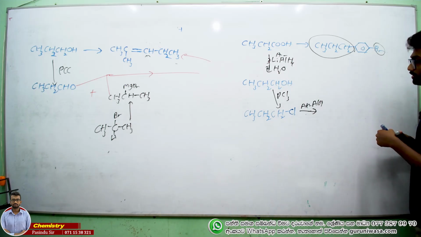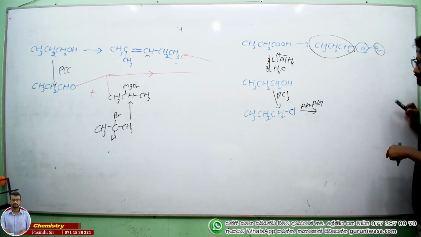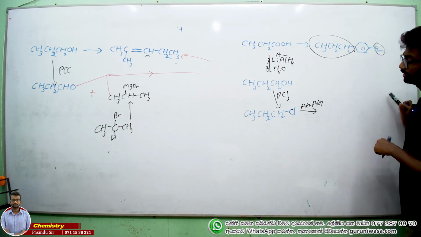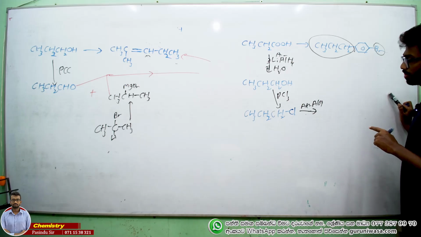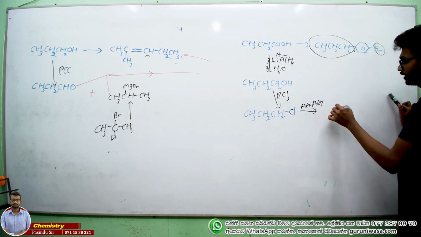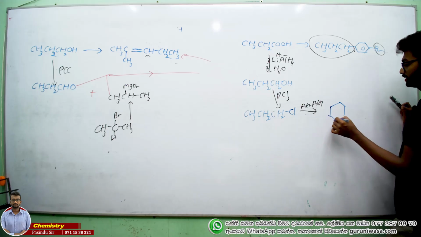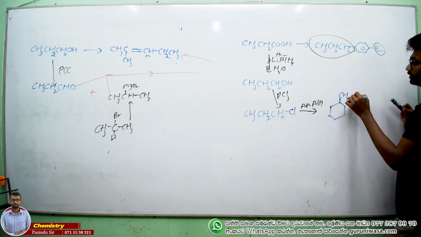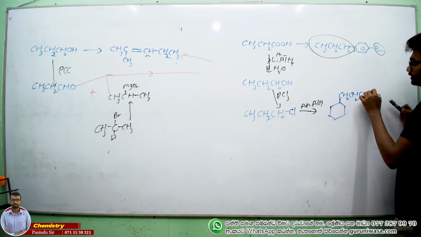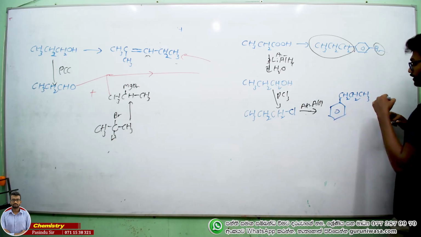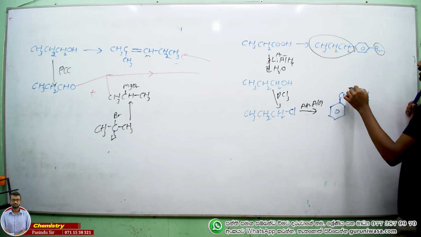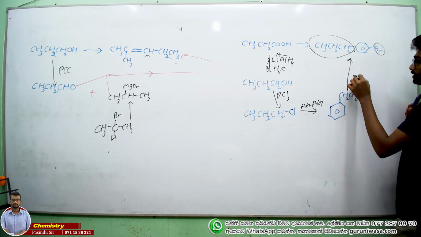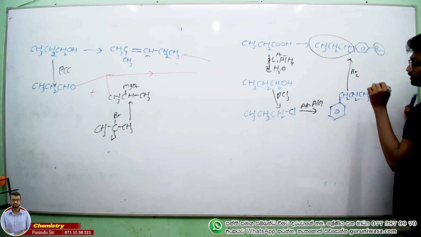Then you can add it into the benzene ring easily. CH2CH2CH3, and then add Br, right?